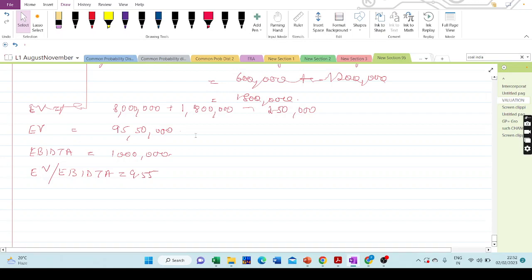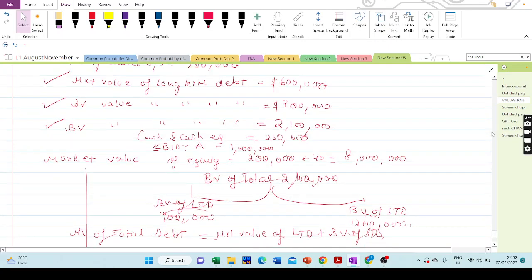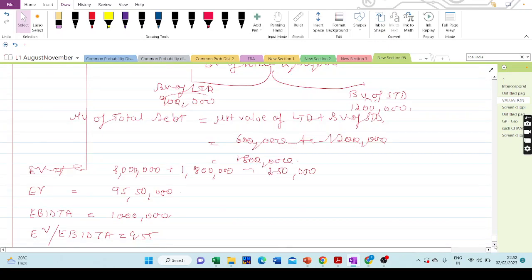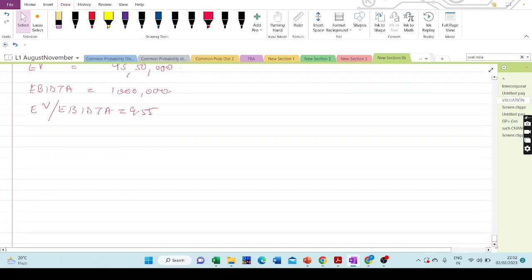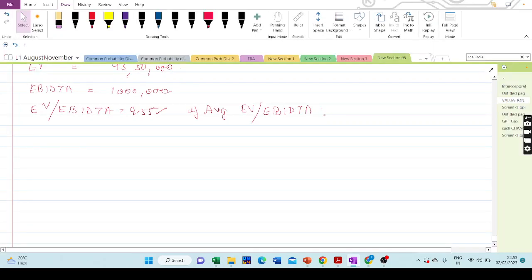Right? So this is your idea. And one explanation that has been given in Squeezer is that if the average EV EBITDA of the industry in which this company operates is greater than 9.55, then this stock is undervalued.